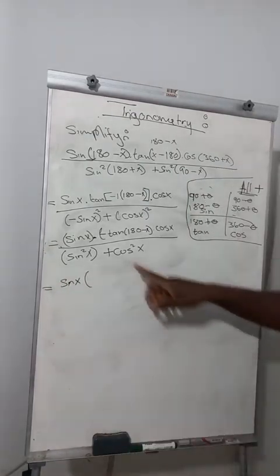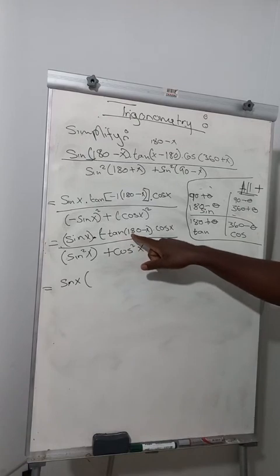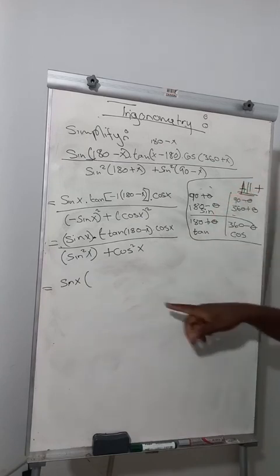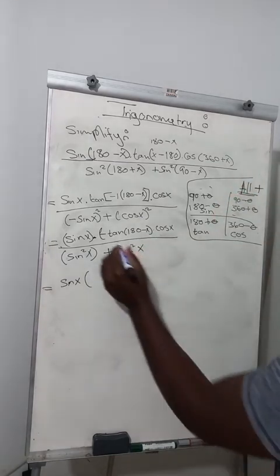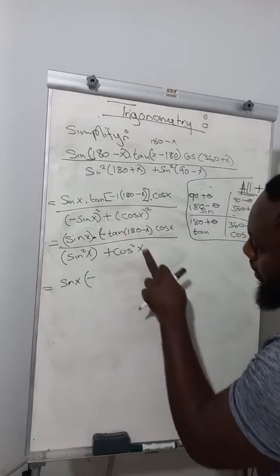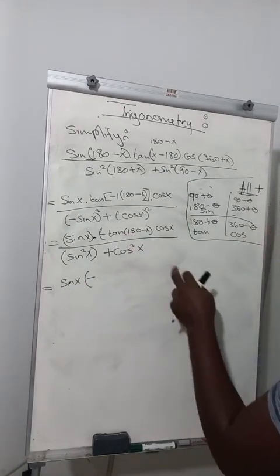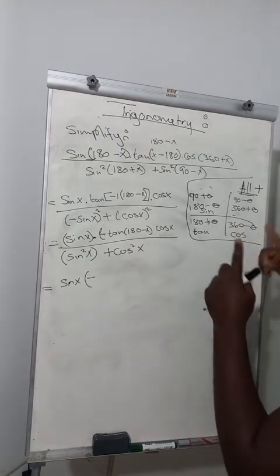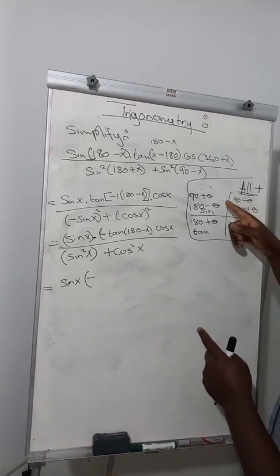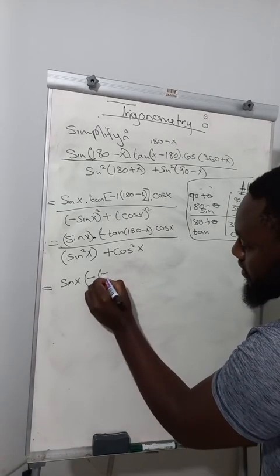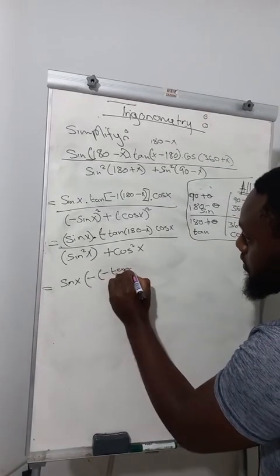Here, when it comes to this part now, tan is a negative within the second quadrant, because what is positive within the second quadrant is only sine. So this negative will still be there, and then multiplied by the negative, which is saying that tan is negative within the second quadrant. So it will be negative tan x.